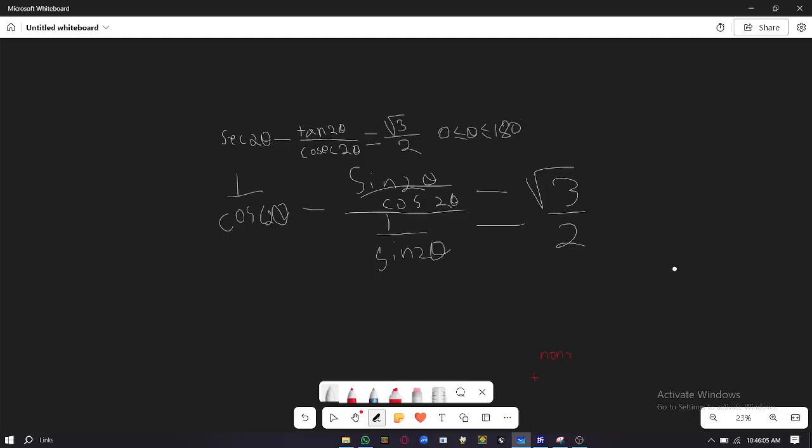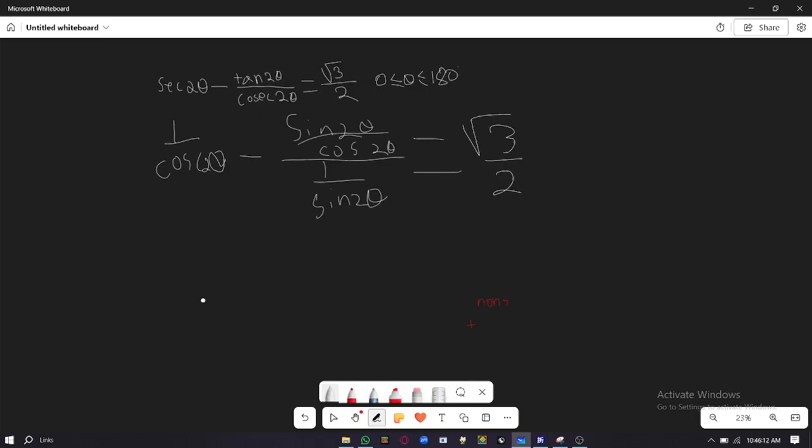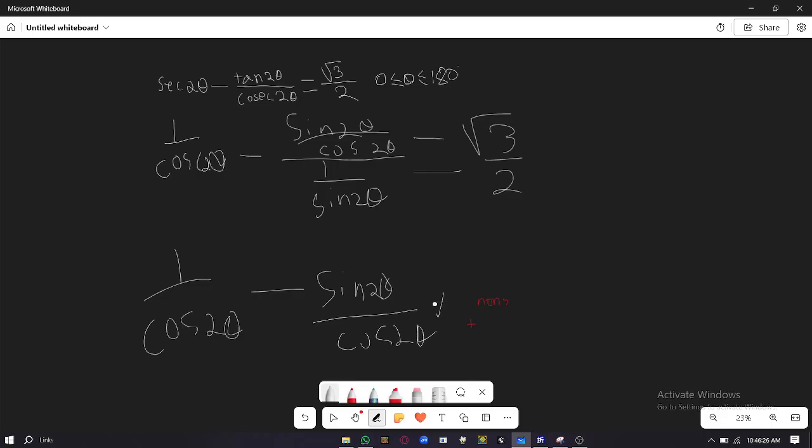So next step is 1 by cosine 2 theta minus sine 2 theta by cosine 2 theta, multiplied by sine 2 theta by 1, as the cosecant gets inverted.